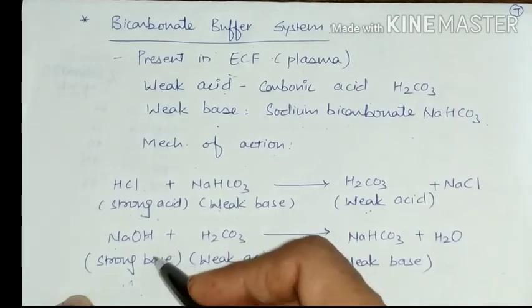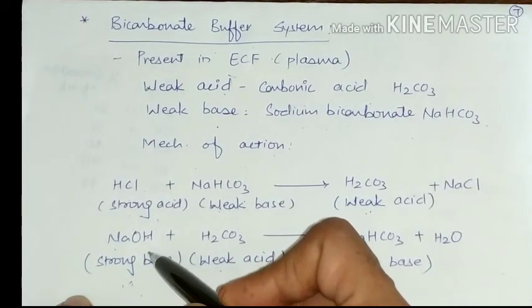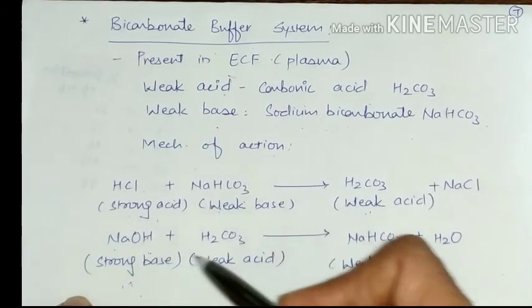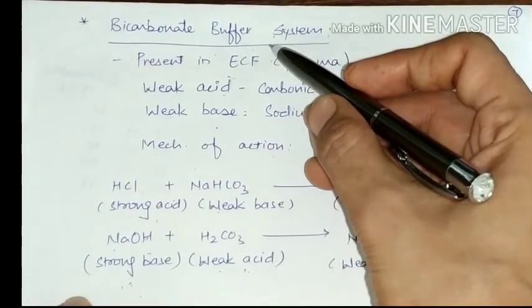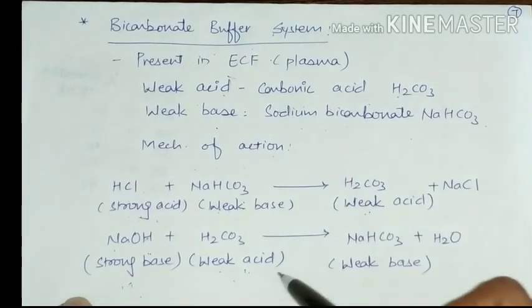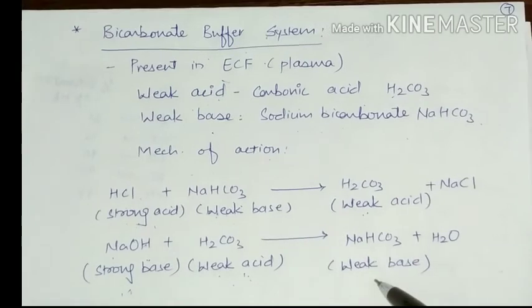When a strong base, for example NaOH, is added, it combines with the weak acid of the bicarbonate buffer system, that is carbonic acid, and forms a weak base, that is NaHCO3.